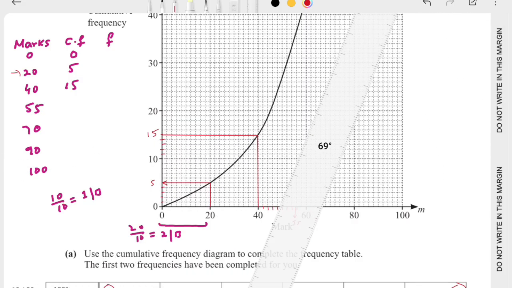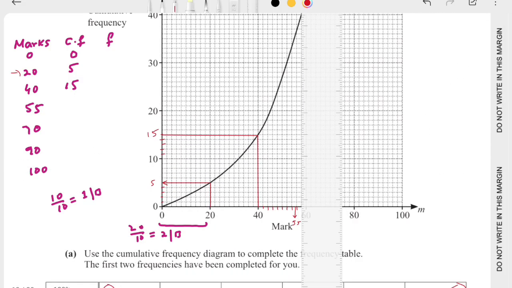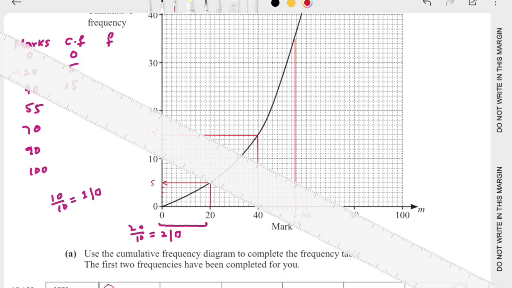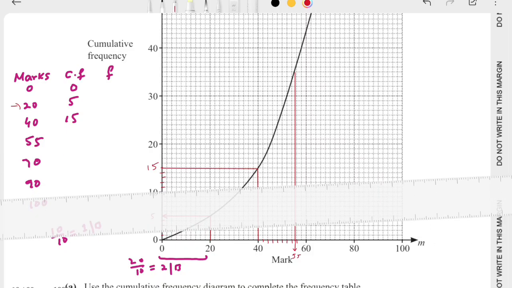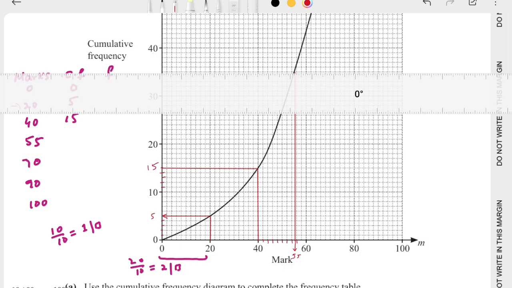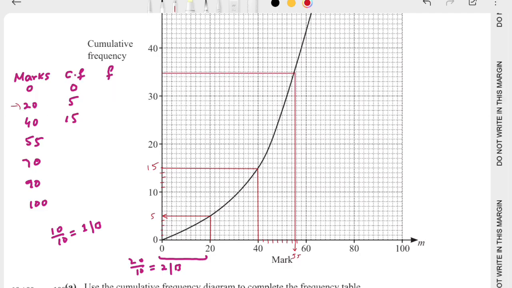So let me take help of the scale. So the value would be 31, 32, 33, 34 and 35.